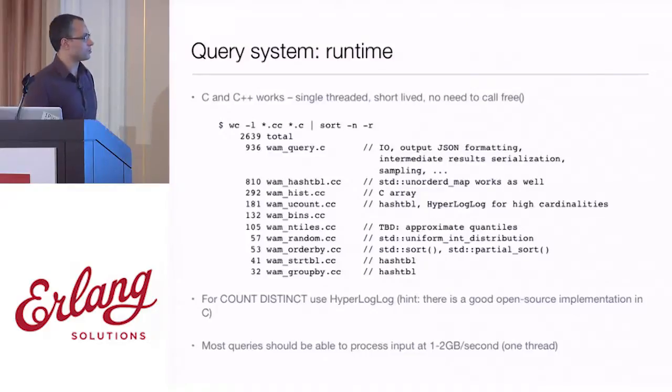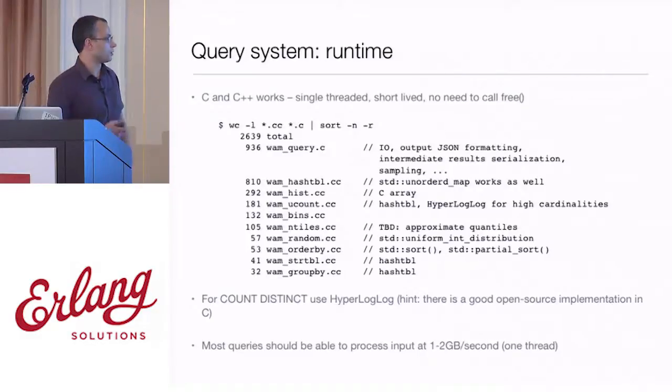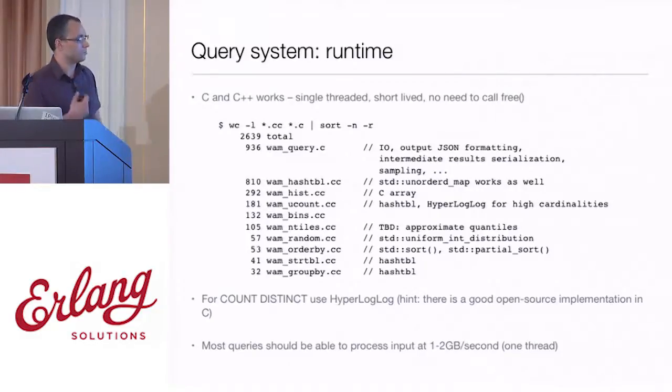You represent a histogram as a fixed size C array because you know the range and the histogram bin width. Then you can do standard stuff for order by, and of course you use standard STL stuff for random, just wrap it. And then the string table, symbol table is represented as a hash table, and the group by is also a hash table.